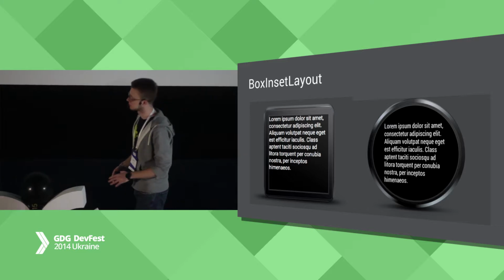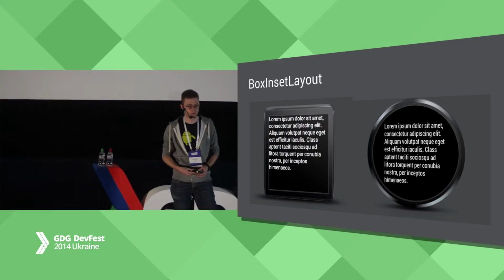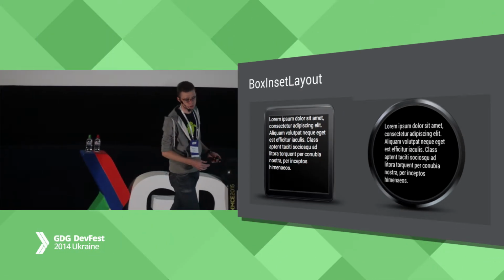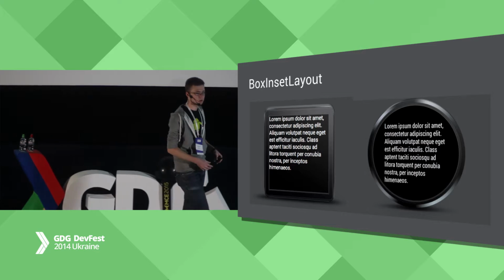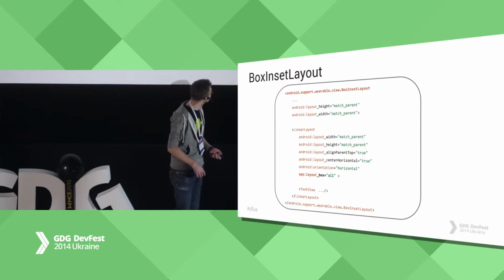That's a common Android thing, if we set the attributes to match parent for width and height. And the BoxInsetLayout will do the same, but will not align the edge to the edge, it will align the corner to the edge of the screen. So in that case, no text will be left outside of the screen.